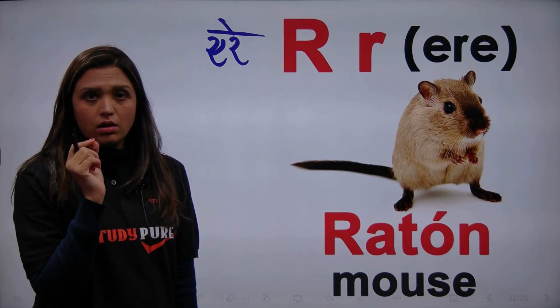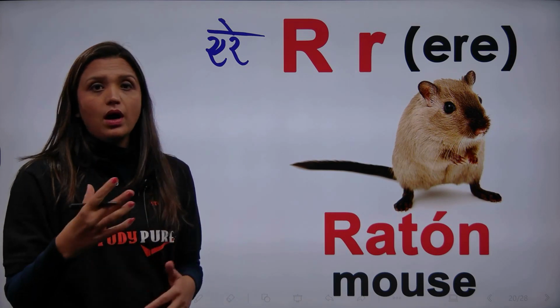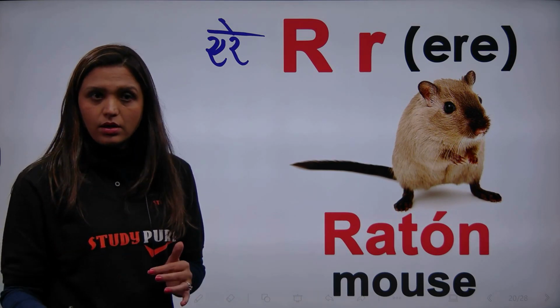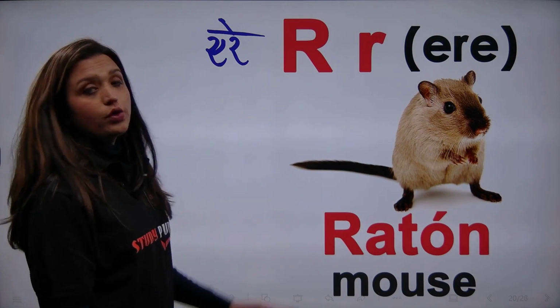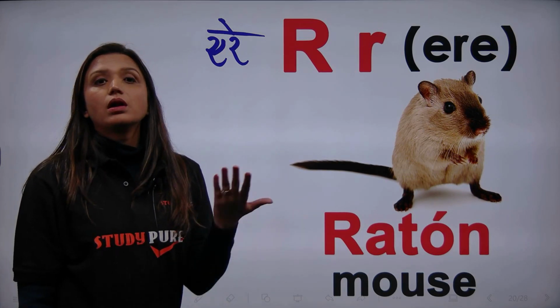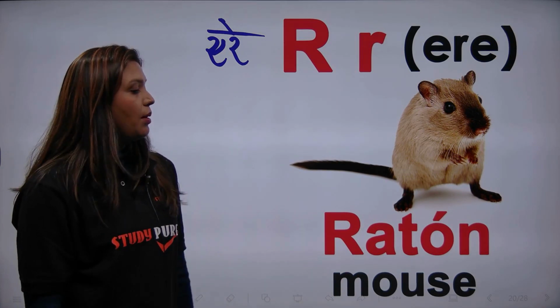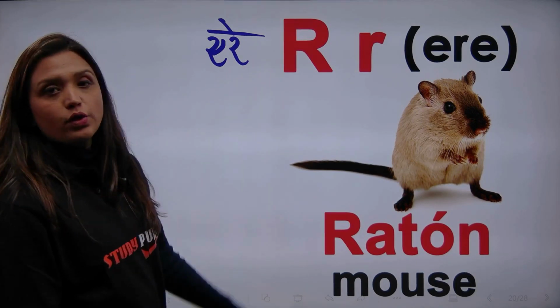The R sound in Spanish is very, very strong, so you have to roll the R. So that's R for you in Spanish. R is for ratón. Ratón. That's a mouse for you. So that's R for you in Spanish.